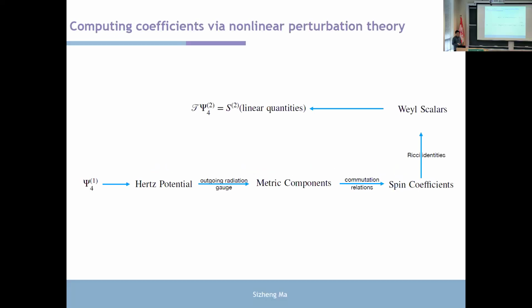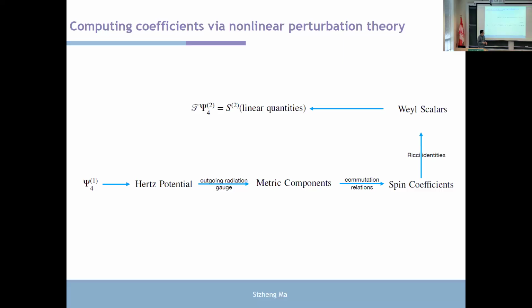The whole calculation steps are quite involved, so instead I just want to highlight the overall workflow. Imagine we have a linear quasinormal mode represented by the Weyl scalar psi4. Then we can construct the corresponding Hertz potential. Working within the ingoing radiation gauge, we can do the metric reconstruction to construct all the metric components for this mode.